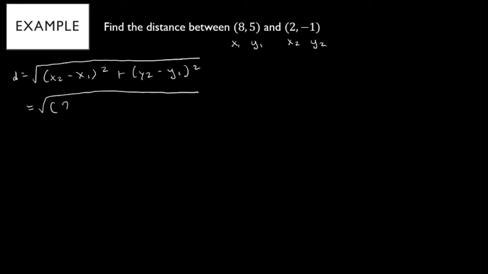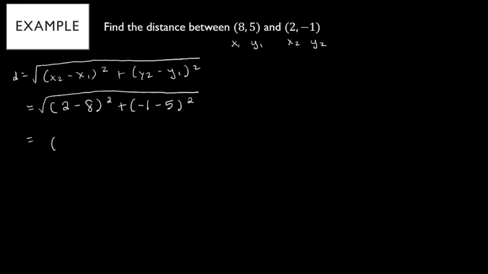So we subtract the x values. So we get (2 minus 8) squared plus, and then the y values, (-1 minus 5) squared. Sometimes what I'll do is add the square root last, so I know how long to make it, instead of drawing it first.